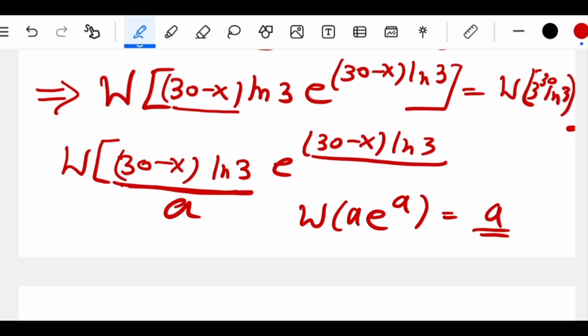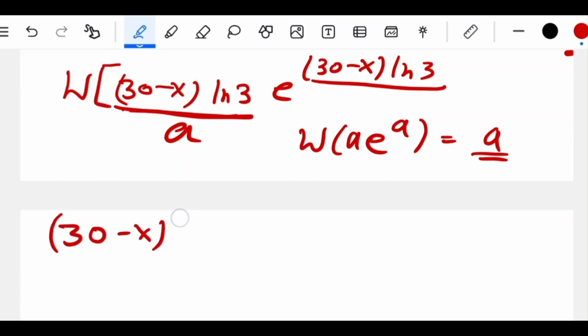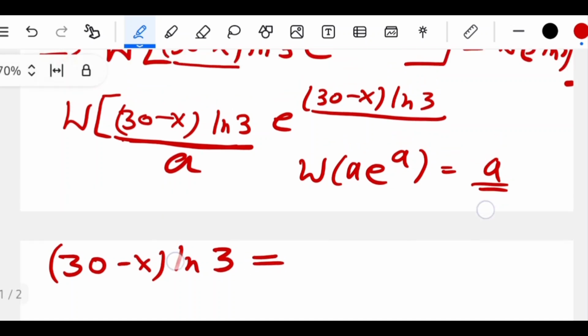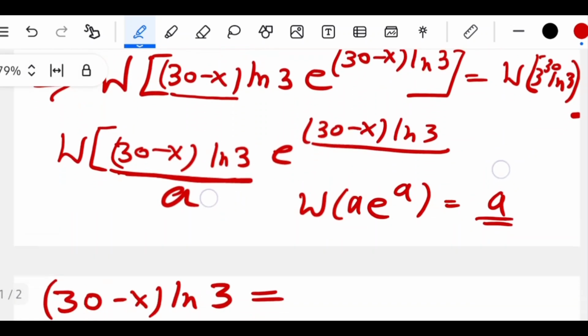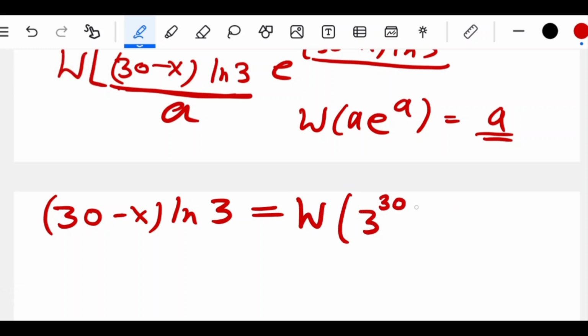So the result is a. It means we can write 30 minus x ln 3 on this side, and on that side we have W of 3 raised to 30 ln 3.